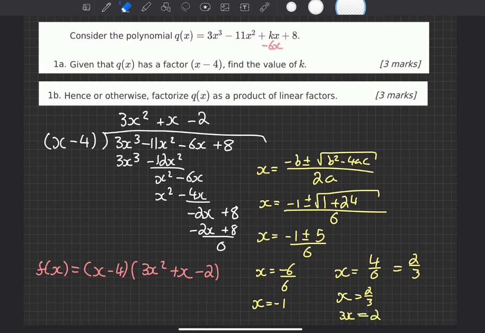And here you can just write it as the product of linear functions now, because you have x equals minus 1, 3x equals 2. So now you have f(x) equals x minus 4 multiplied by x plus 1, because this is x equals minus 1, and 3x minus 2, right? Pretty simple.